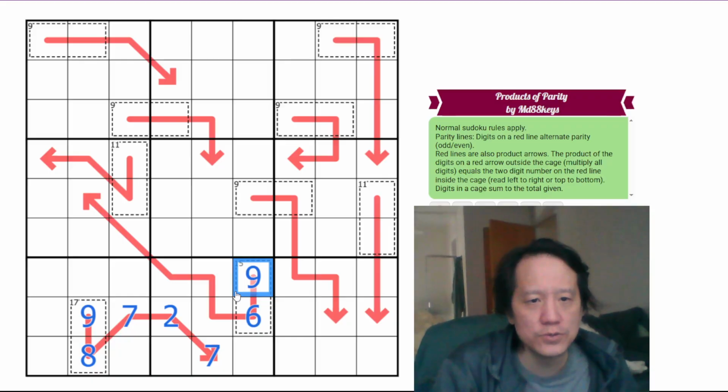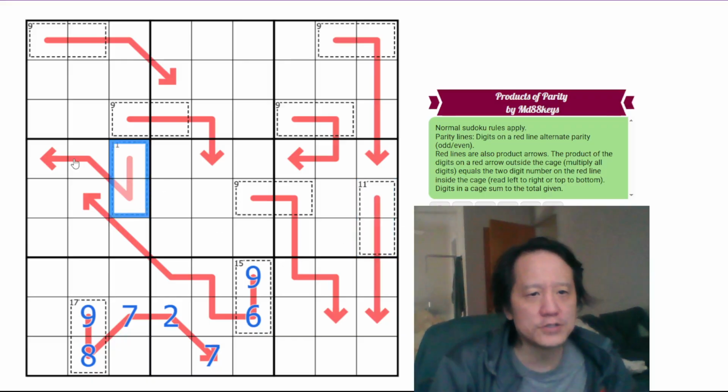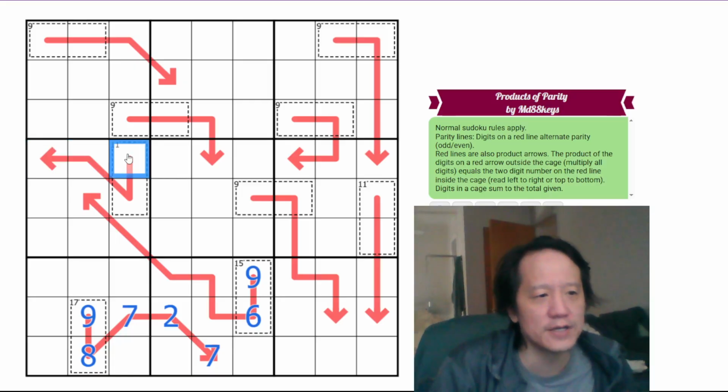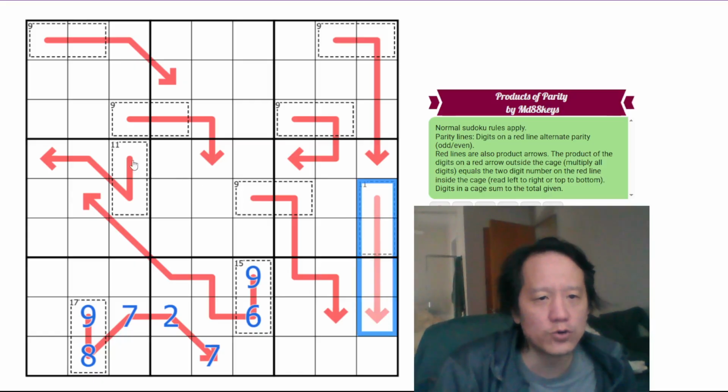Let's do the 11s. Those are interesting also. So you have 2 digits which are in the same row or column, I should say, or box as the digits in the 11 cage.